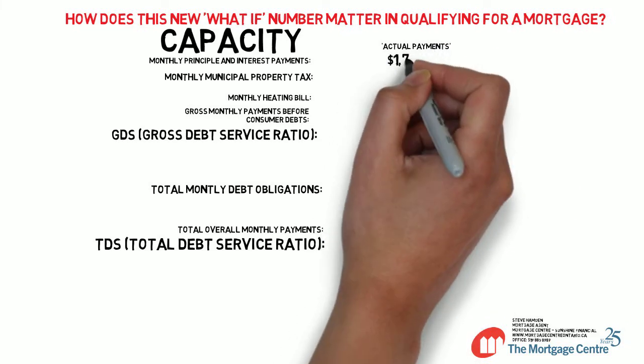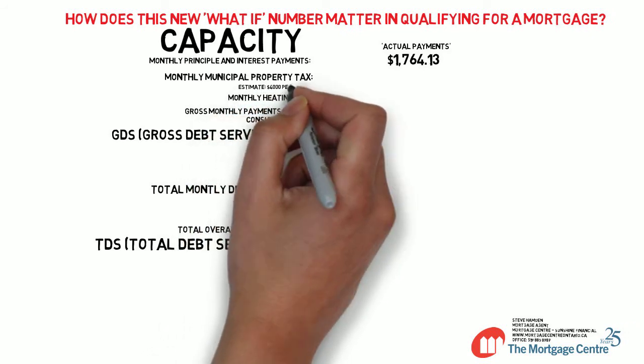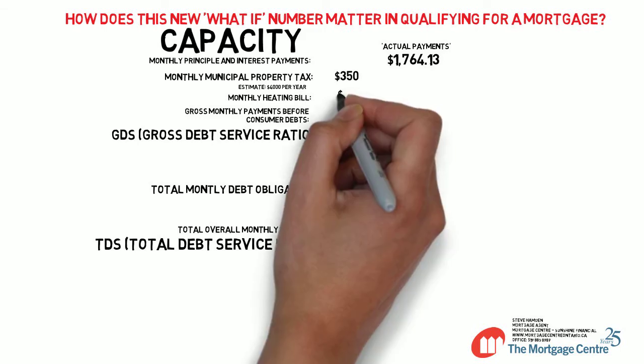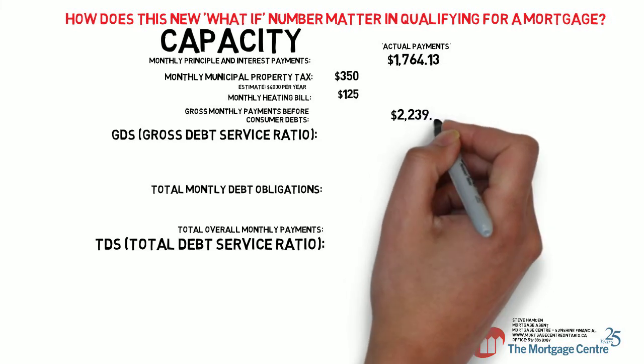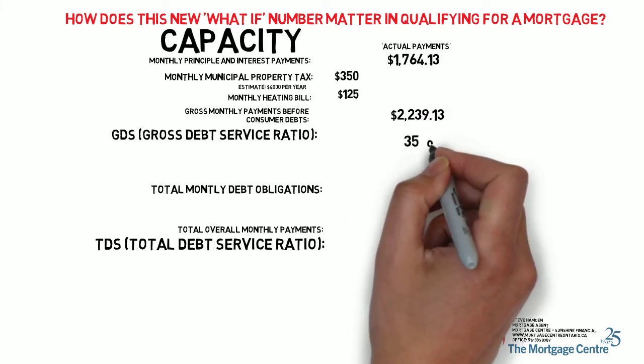with your TDS. So if we look at our actual payments first of $1,764.13, we add in, say if property taxes are $4,000 a year, $350, we add in a heating bill of say $125 a month. It comes out with $2,239.13 as our gross monthly payments before debt.